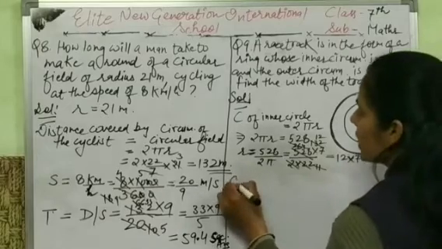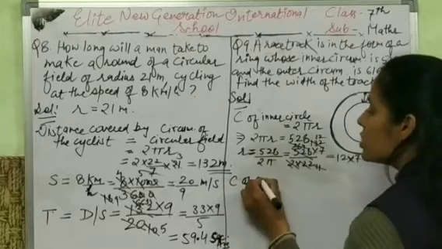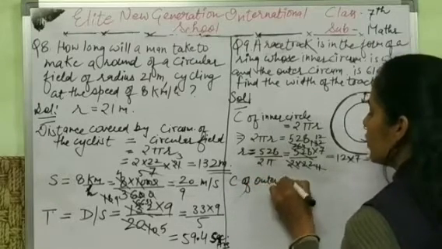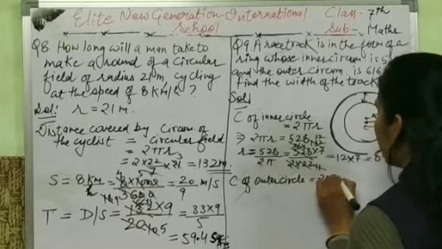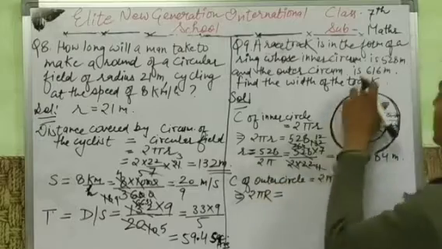Now, in the same way, we can find the value of the radius of the outer circle. So the circumference of the outer circle will be equal to 2 pi capital R. Here 2 pi capital R is equal to 616 meters, which is given.